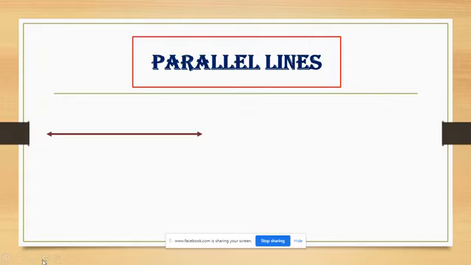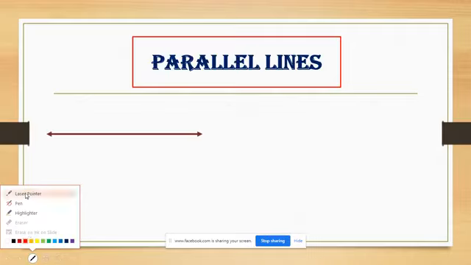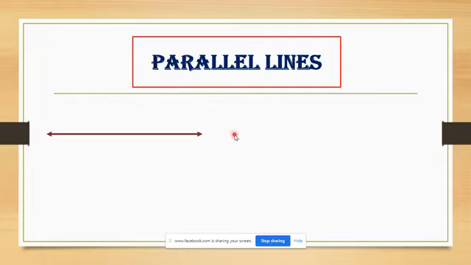So we know that the line increases towards both ends, meaning this is left and this is right. So it can increase infinitely. The line has no accurate measurement. It increases always. These arrows towards both ends show it.